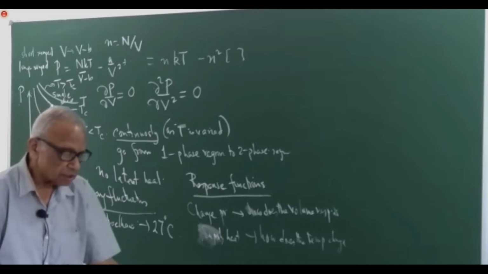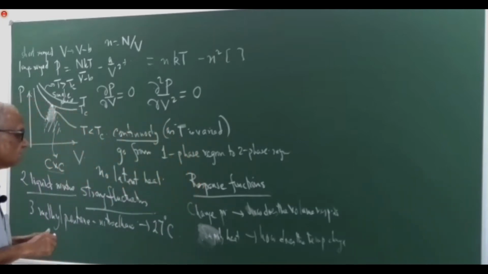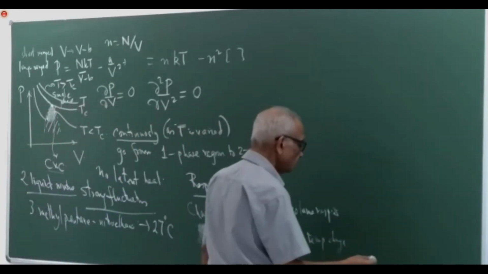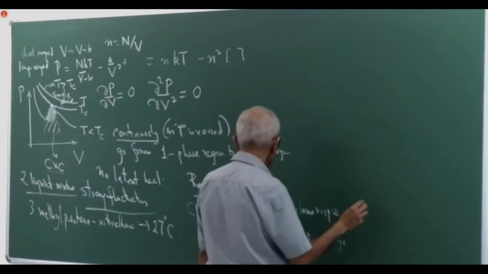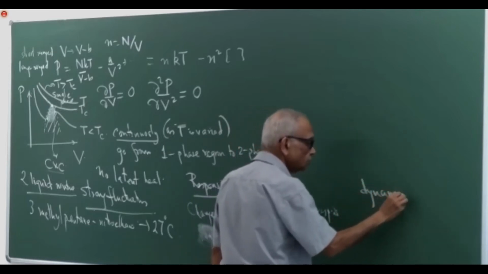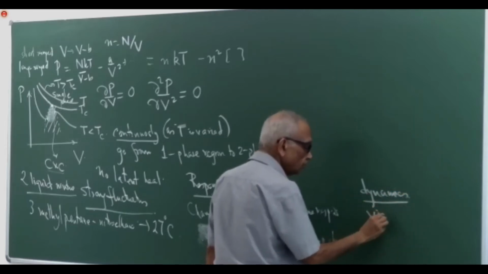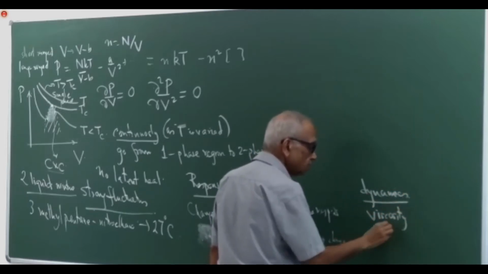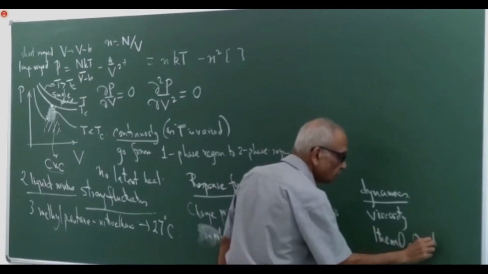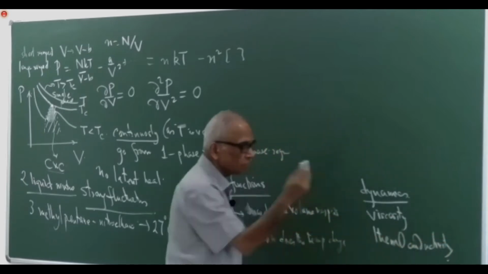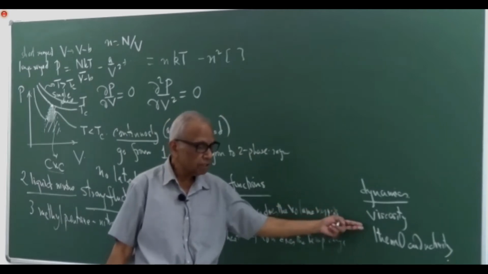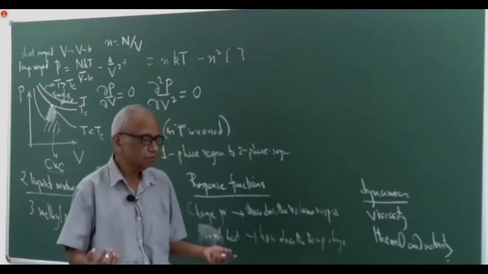The other kind are the dynamic responses, which happen with a gradient. So you have a velocity gradient. A velocity gradient produces the viscous response. A temperature gradient produces the thermal conductivity. So these are fluids which are disturbed a little bit from equilibrium, and how does it come back to equilibrium?